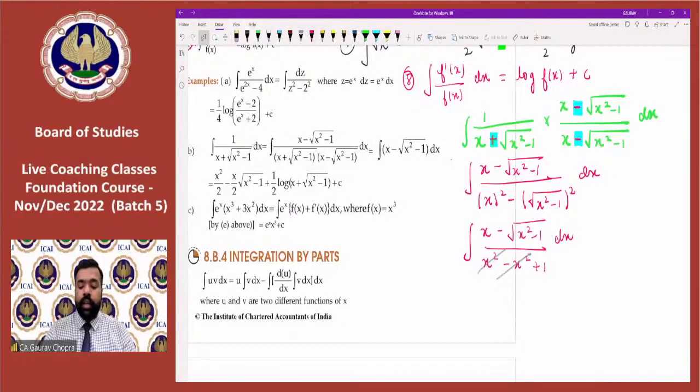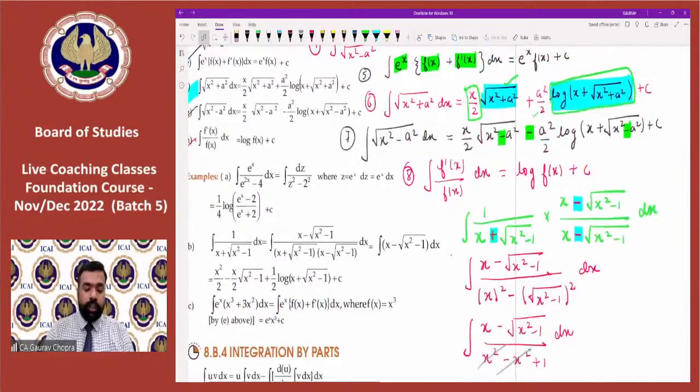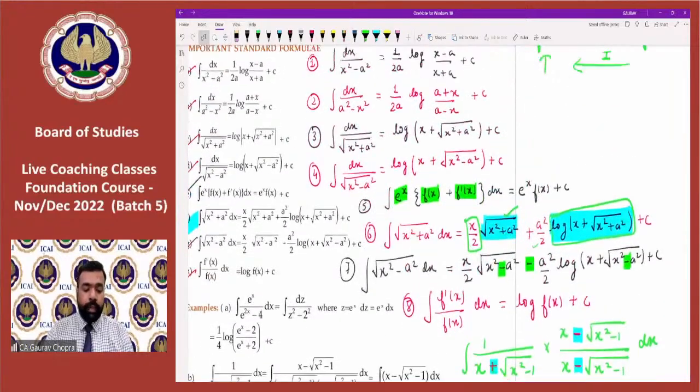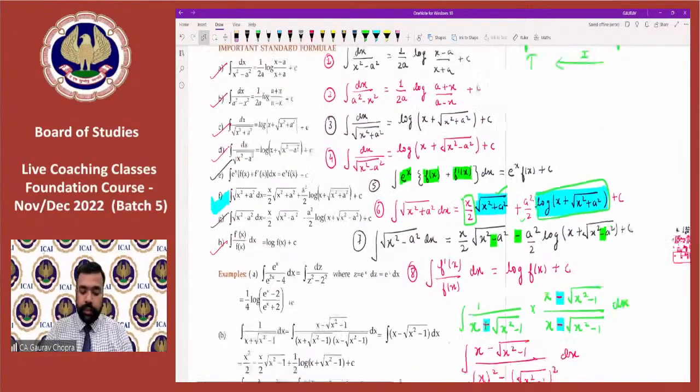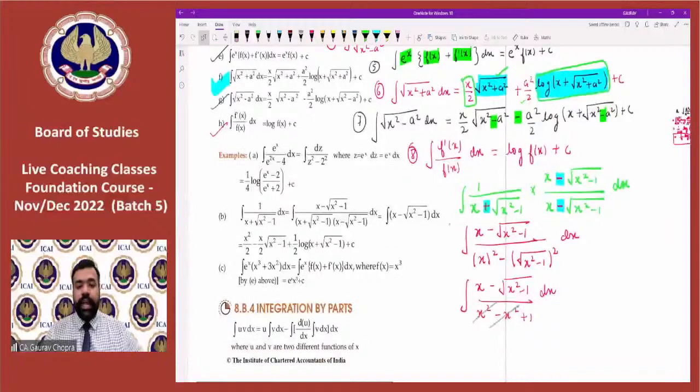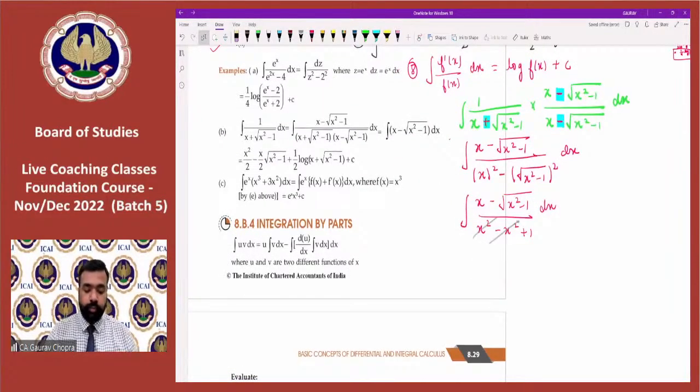And now we can apply the formula. Now you can see which formula is applicable out of all these. You can easily see that x is getting separated and then root of x square minus 1. So we can apply the formula for root of x square minus a square. That is formula number G, which can be easily applied here.